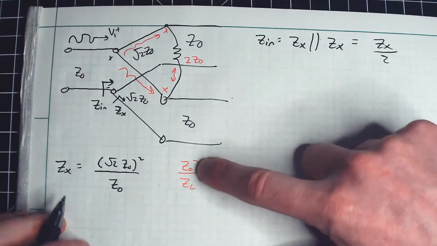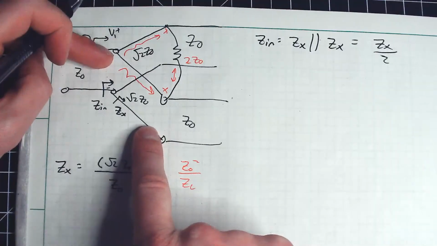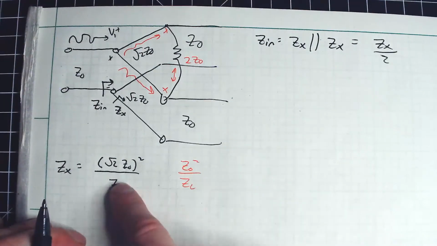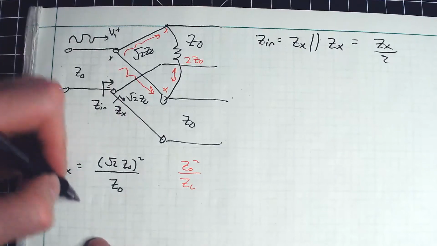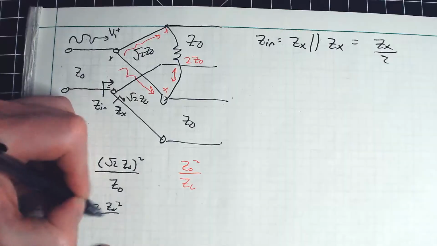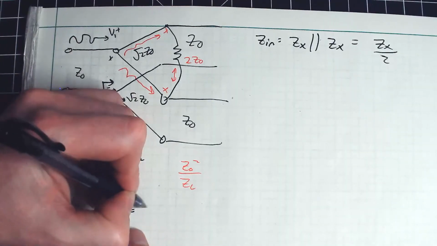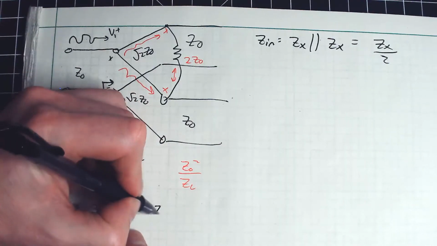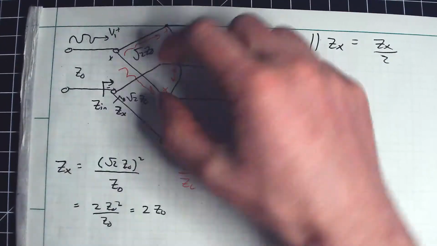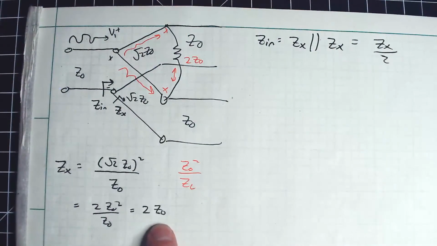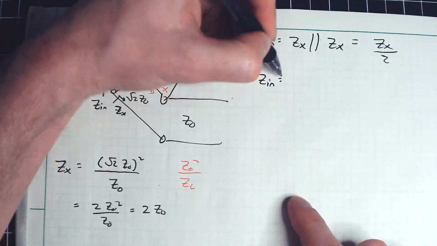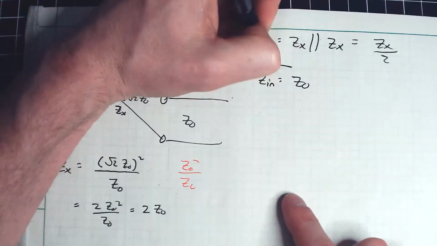So in this case, the Z naught is this transformer length, root 2 times Z naught, and the load, quote unquote, is a Z naught down here. So what I'll get is simply 2 Z naught squared over Z naught, which is equal to 2 times Z naught. So the equivalent input impedance, looking down to that parallel combination, is this over 2. So what we'll find is Zin is equal to Z naught.